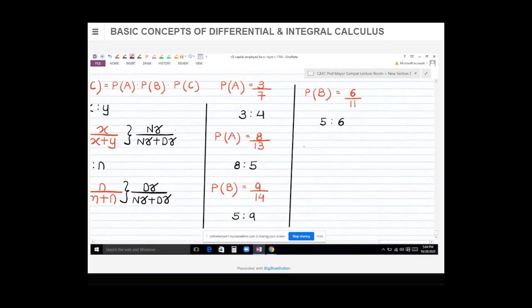A random variable is denoted by using capital X, whereas the values of a random variable are denoted by using the small x.